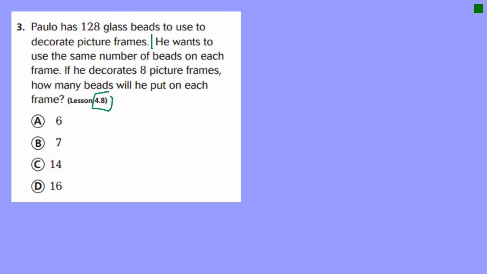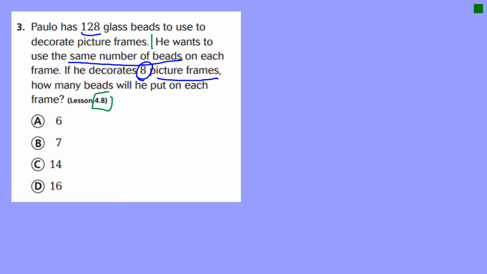All right, I got to jump back and I have to reread this. Paulo has 128 glass beads to decorate frames. He wants to use an equal number of beads on each frame. So if he decorates 8 frames, how many beads will he put on each frame?